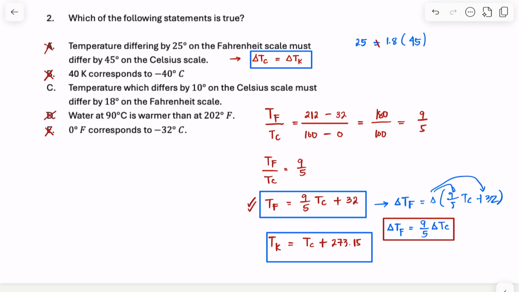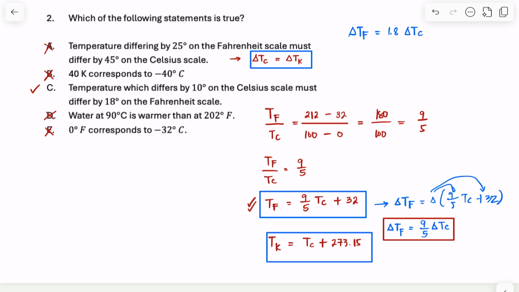What is correct is option C. For option C, you have to use this one. The change in TF is 9 over 5, or 1.8, of ΔTC. That can easily be shown here. So, let me just write this one. The change in the Fahrenheit, 9 over 5, is just 1.8 of the change in the centigrade or Celsius.